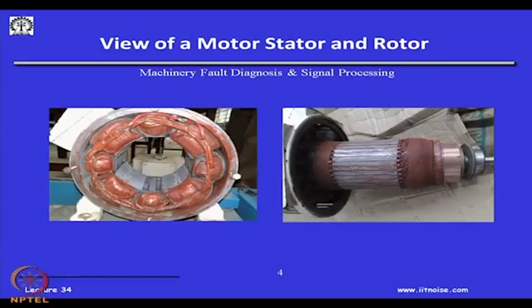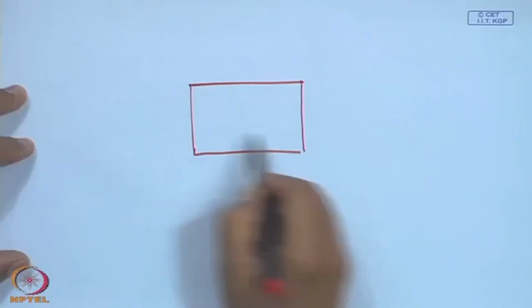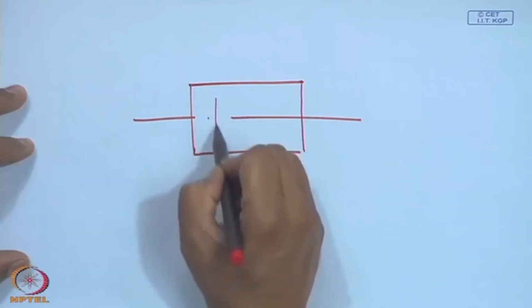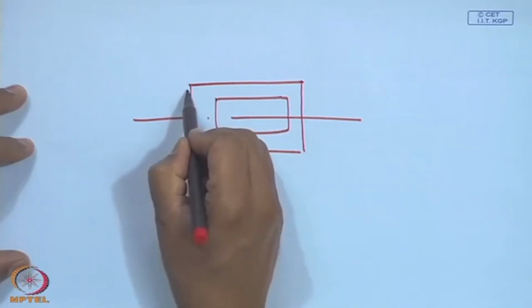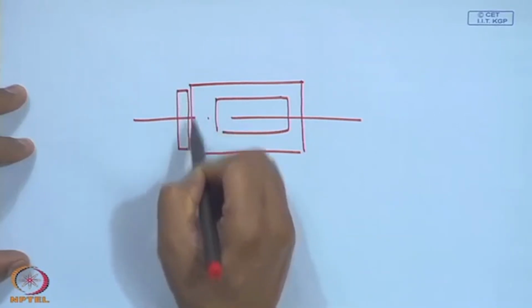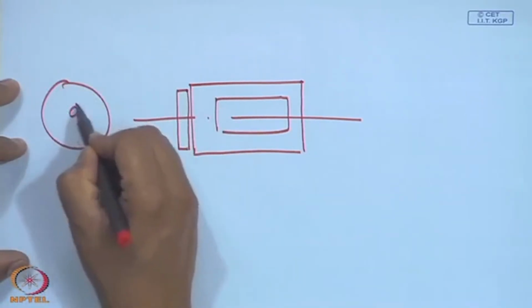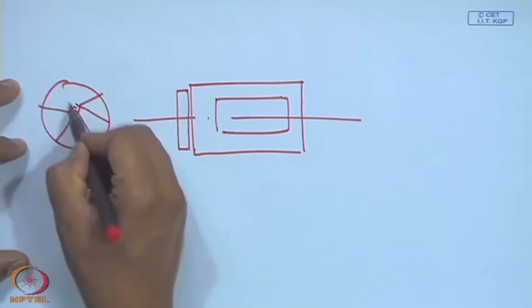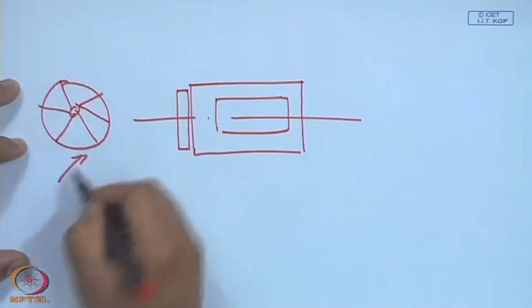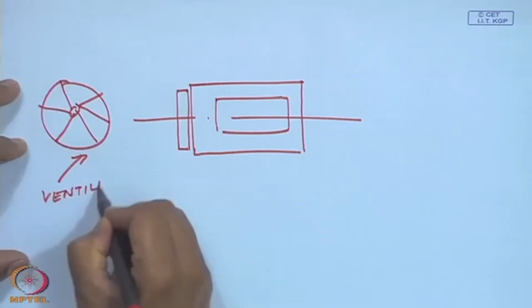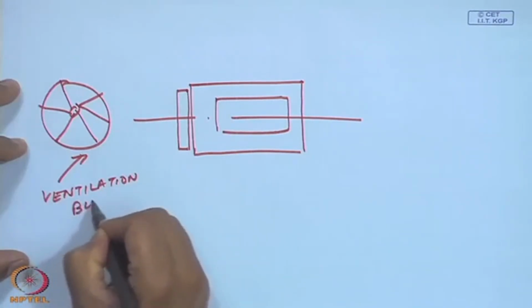So, you will see that in large electrical motors, they constantly monitor the temperature of the drive end and the non-drive end bearing. So, this is the rotor. Here at the end there is a ventilation blower.